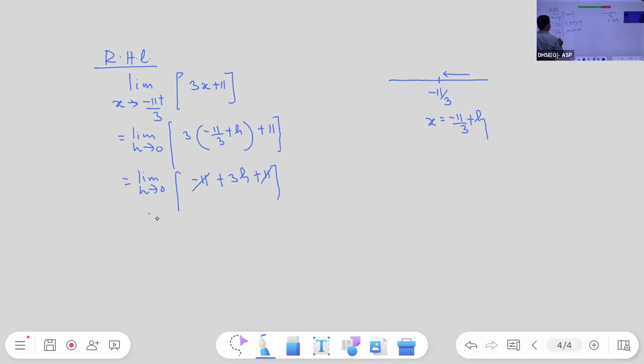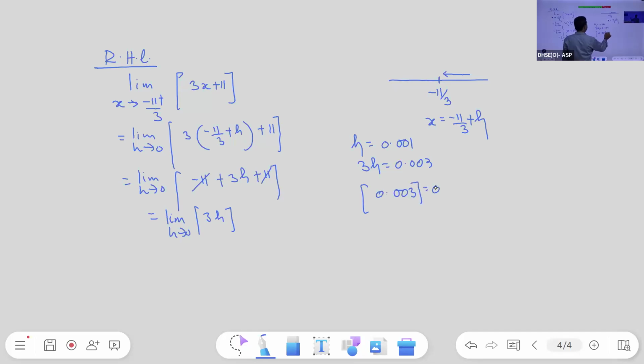Minus 11 plus 11 cancels, leaving limit as h tends to 0 of the bracket value of 3h. What is h? h is a very small positive number. Let h equal 0.001. So 3h will be 0.003, and the greatest integer value of 0.003 will be 0. If a value lies in the interval 0 to 1, including 0 and excluding 1, then its greatest integer value is 0. So the right hand limit of the function is 0.